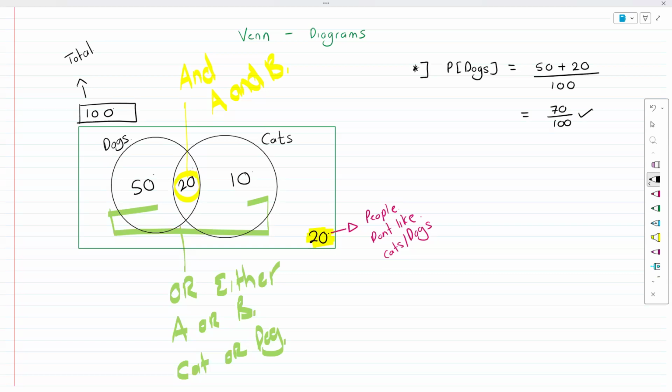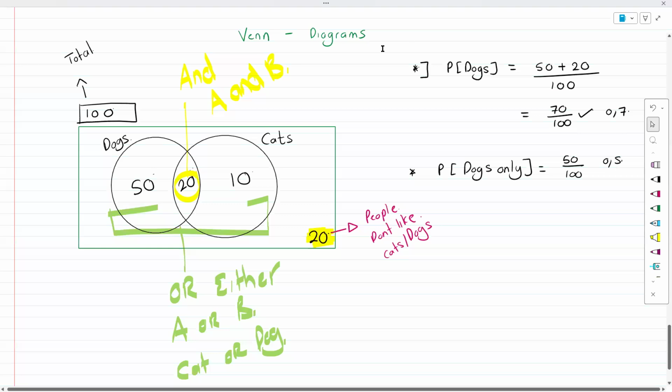I mean, 0.7 is what they really want, but it doesn't really matter. The probability, next one, the probability of people that like dogs only. Now, this is where it changes because they don't want the cats involved over there. So dogs only is 50 over 100, and that's 0.5.